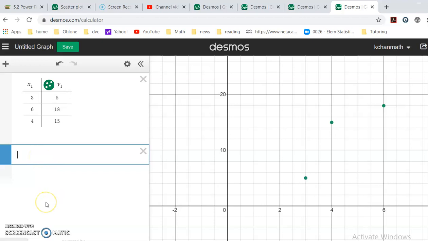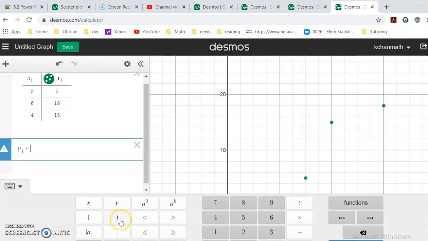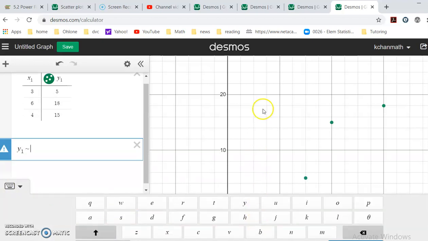The way you do it is you enter y1, but the 1 has to be a subscript. So you use your underscore key on the keyboard to go down, and then you use the cursor key to go back up, right arrow, and then you need to enter a wiggly symbol, the tilde. If you can't find it, it is under the keyboard ABC at the bottom.